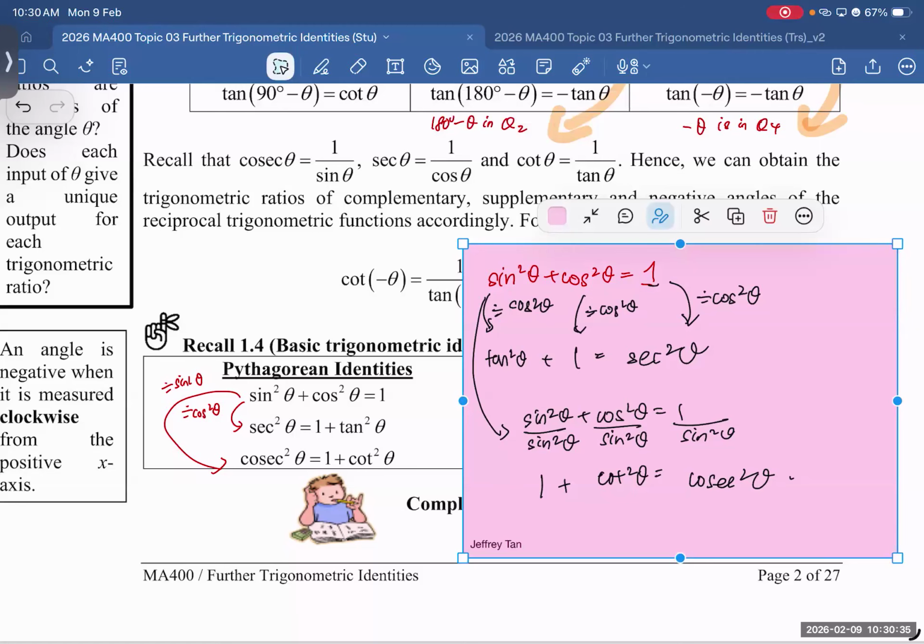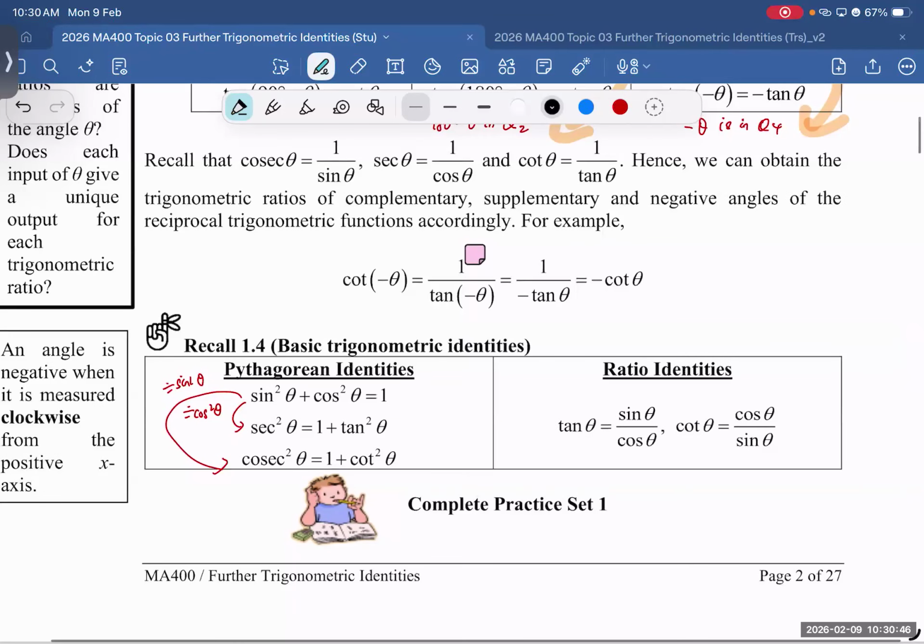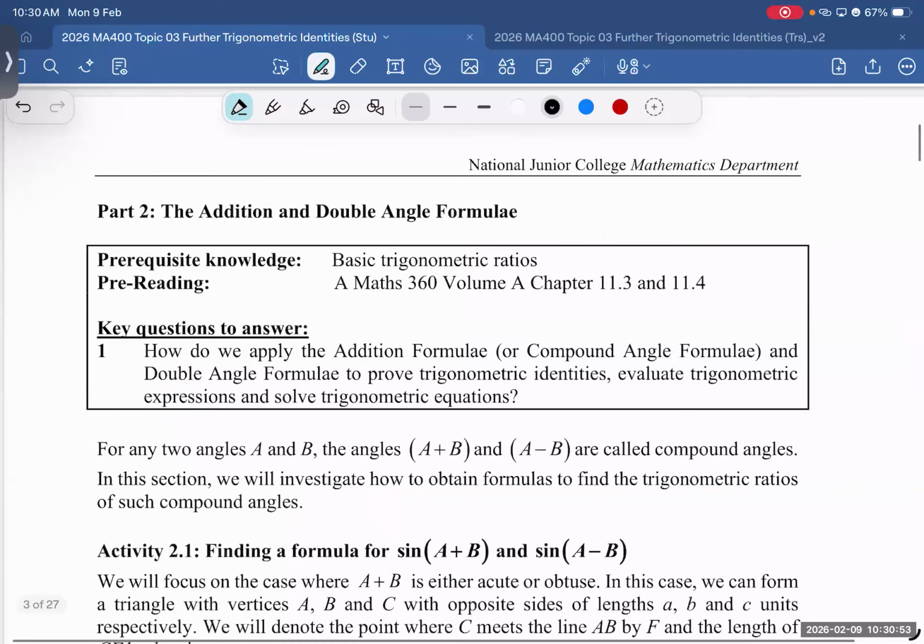Okay. Got it? So what I want to tell you is you need to know all this. This one's at your fingertips. You must not forgive yourself. Okay. So now addition and double angle formula. The word addition means that you are adding 2 angles. Double angle means you have how many angles? Double.